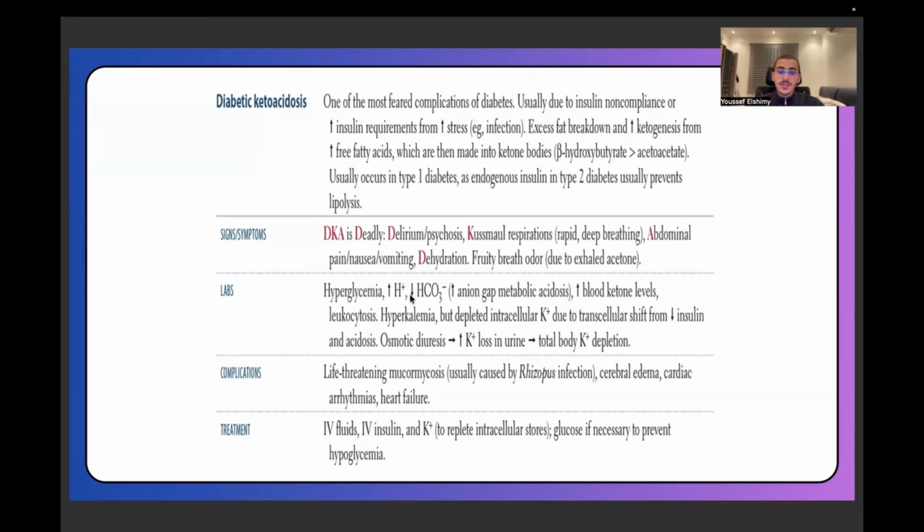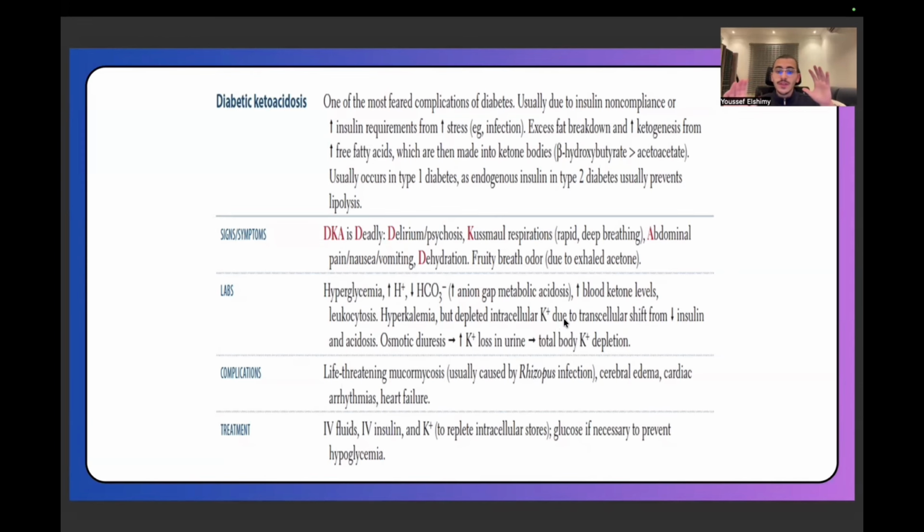But we mentioned that insulin is important in the shift of potassium from outside to inside. If there's no insulin, there would be increased potassium in the blood, although overall you have low potassium, because you're already losing potassium through vomiting and osmotic diuresis.